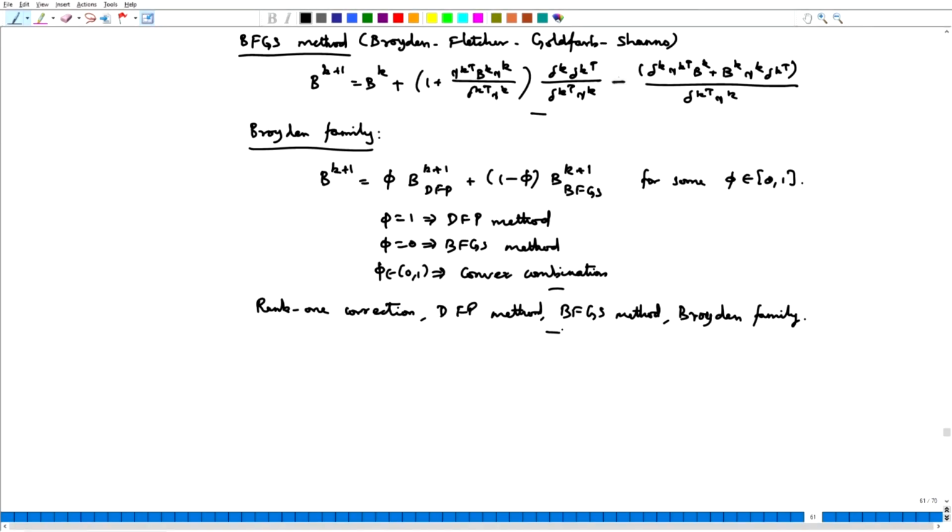Okay. So, a quick recap of what we discussed for unconstrained optimization, the algorithms. We started with gradient descent, where dk was just minus gk.